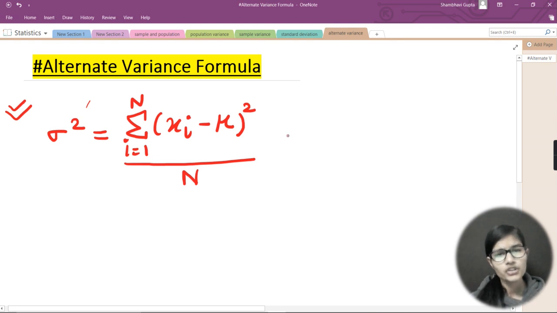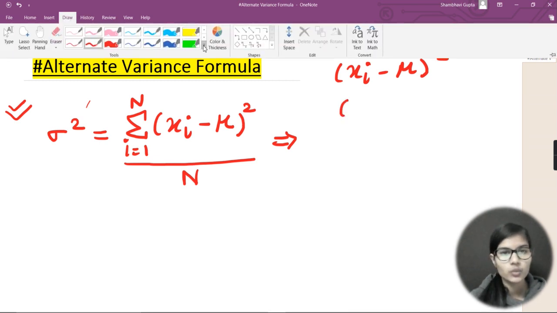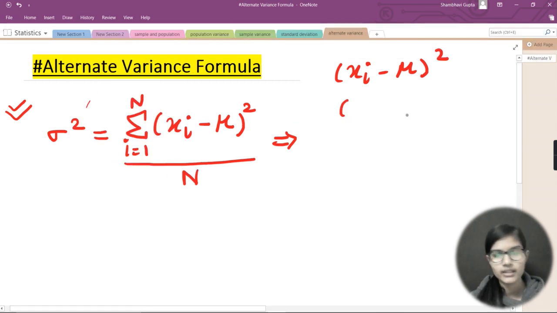Now what I'm going to do is simplify this xi minus mu whole square. We can treat it as a form of a minus b whole square.